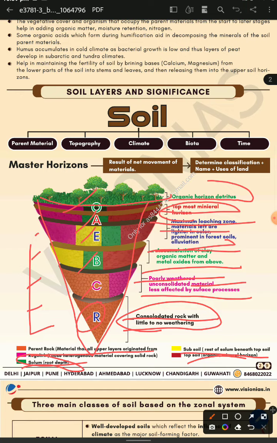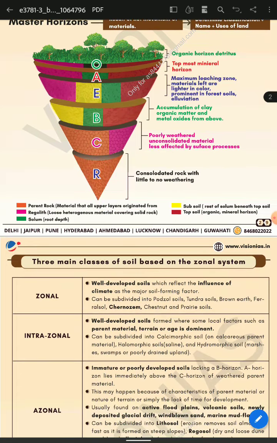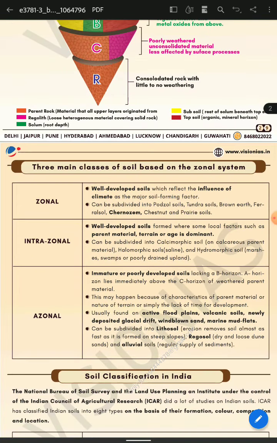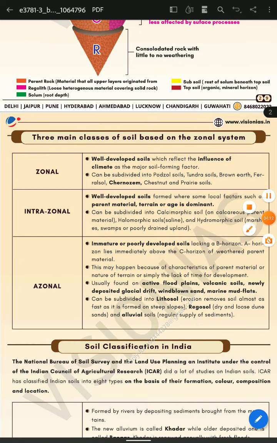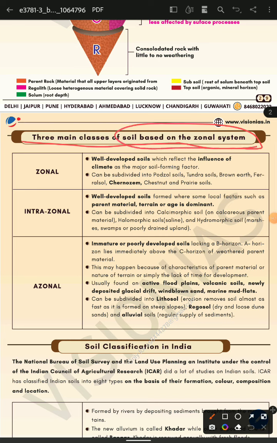Then I have defined zonal soil. What is zonal soil? The three main classes of soil are based on the zonal section: zonal, interzonal, azonal.